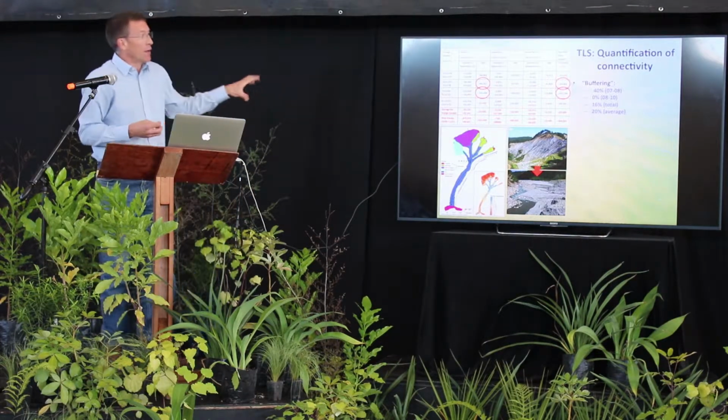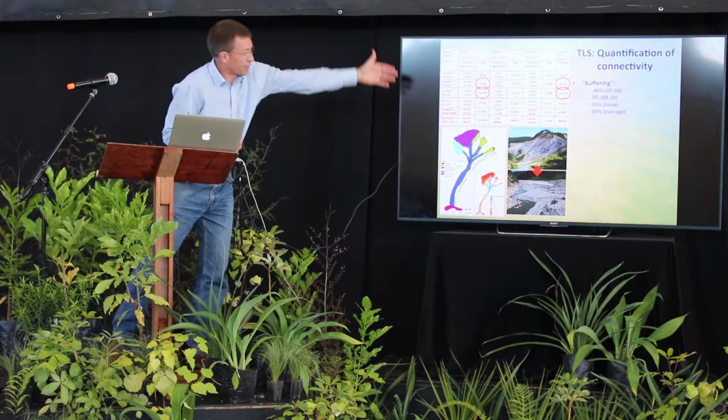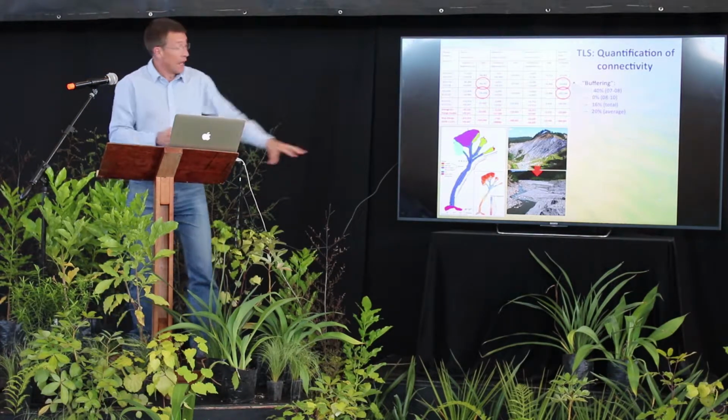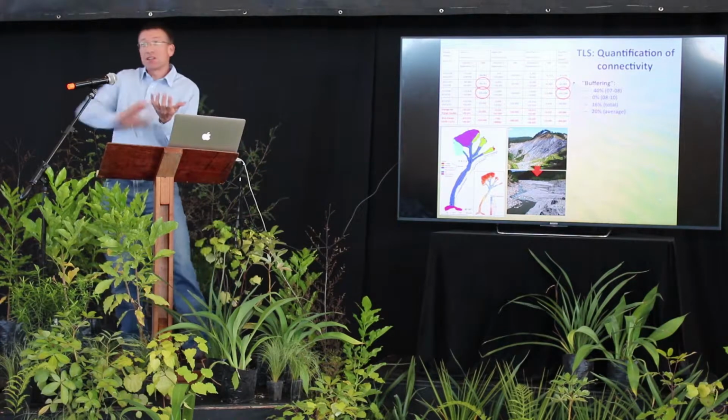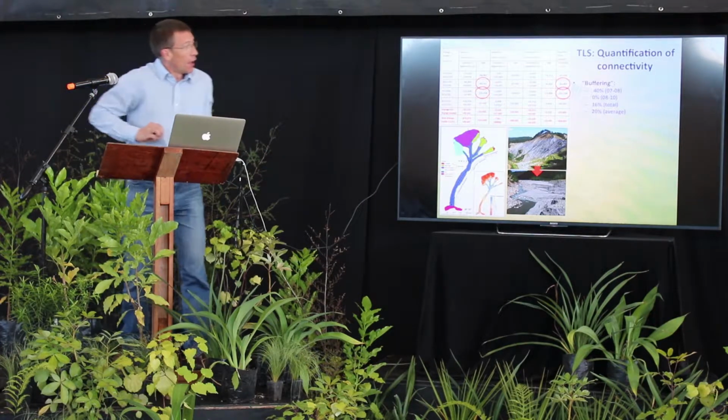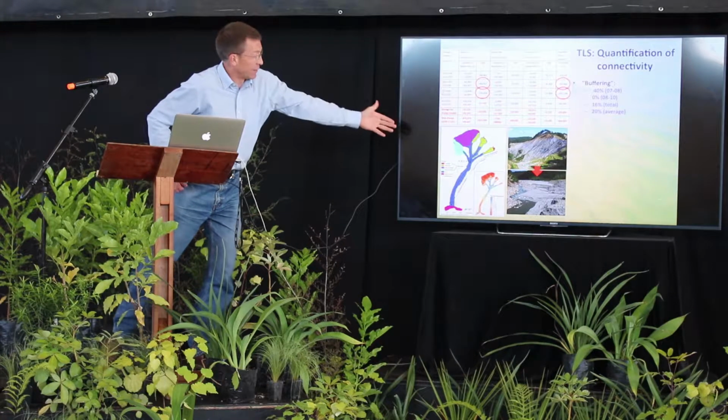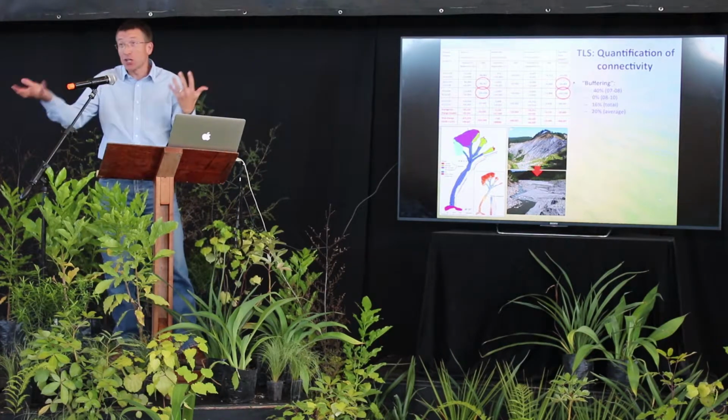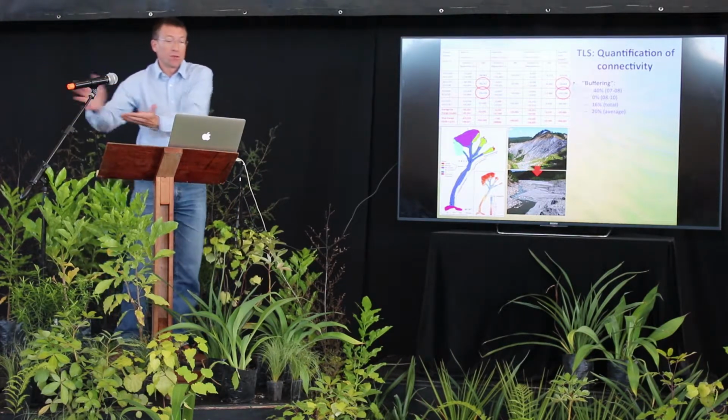So in other words, you can have up to 40% of material coming off the gully system buffered, stored in our channels before it reaches the stream network, or we might have all of the material effectively being transferred like a chute all the way through to the stream network.